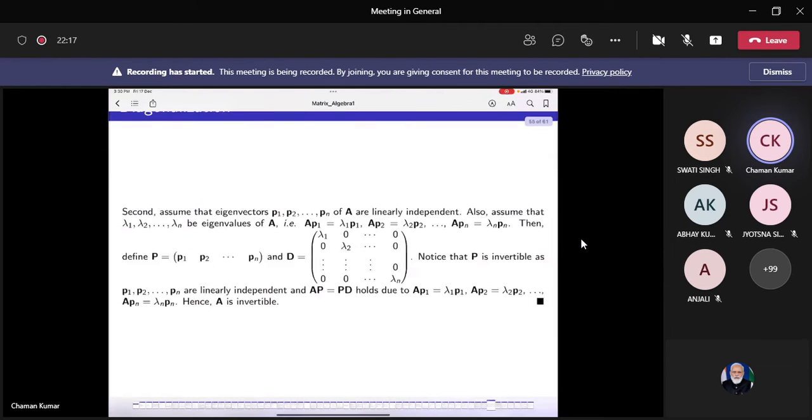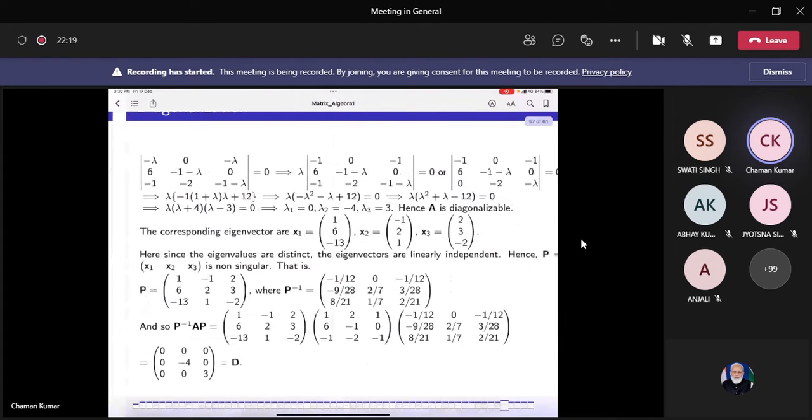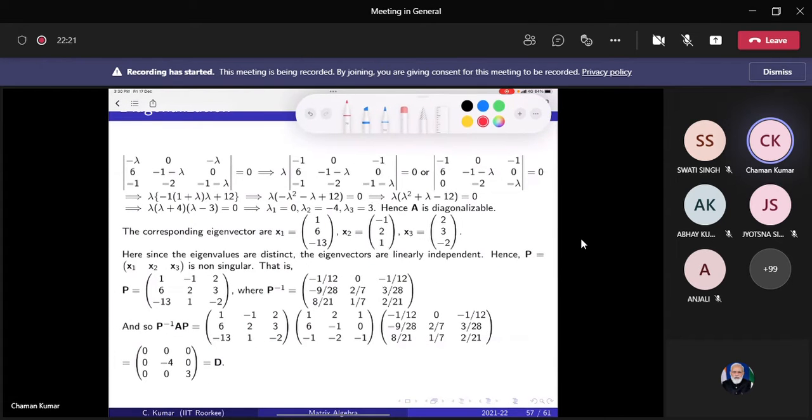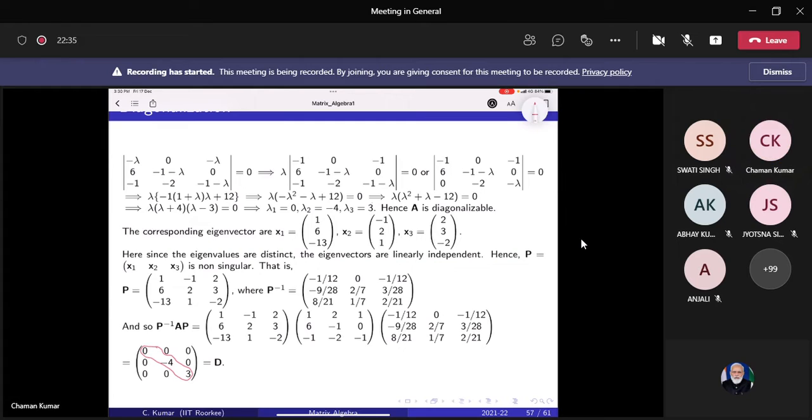So that means the diagonal elements of the diagonal matrix you have formed in this example should be the eigenvalues of A, and this is indeed true. These are the diagonal elements of D, and they correspond to the eigenvalues that you have obtained here.